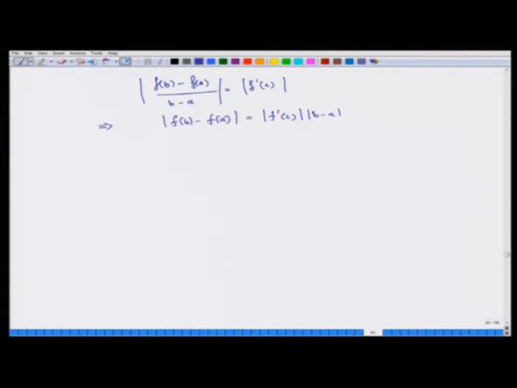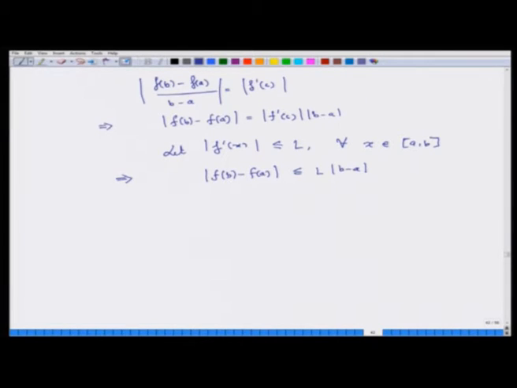So, bounded actually means that because the derivative is bounded, mod of f dash x is less than or equal to some capital L for all x in a b, and this implies that mod of f b minus f a is less than or equal to L times b minus a.